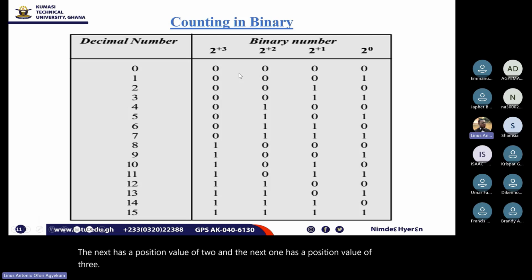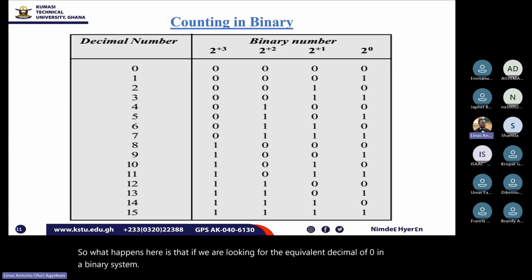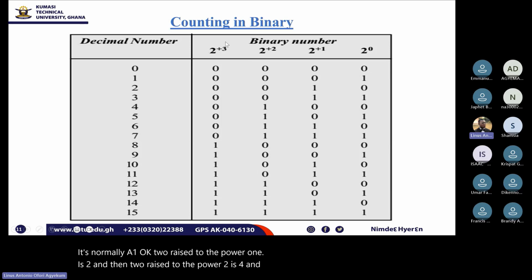So what happens here is that if we're looking for the equivalent decimal of 0 in a binary system, then if you take 2 raised to the power 0, that would normally give you what? It's normally a 1, okay? 2 raised to the power 1 is 2, and then 2 raised to the power 2 is 4, and 2 raised to the power 3 is 8.